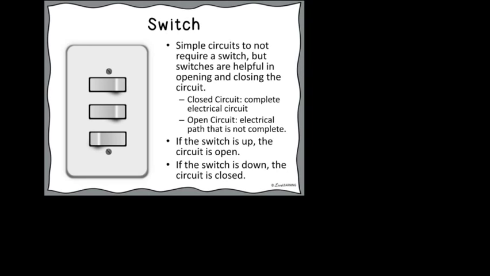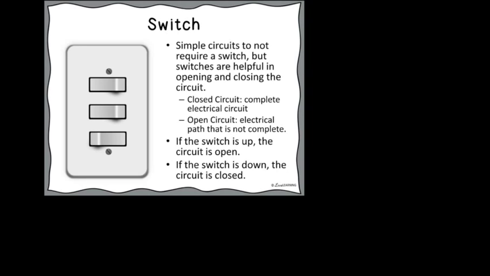But if you flip the switch in the opposite direction, you can create a gap in the circuit. You can open the circuit. And when you open the circuit and create that gap, the pathway is no longer complete and the electrons aren't able to flow.